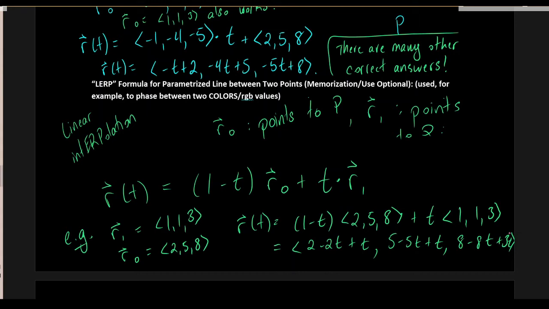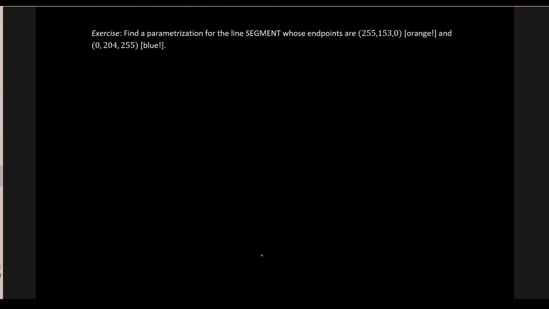And passing from one point to another is like changing from one color to another. Let's find a parameterization for not the line, but for the line segment whose endpoints are 255 red, 153 green, 0 blue, which is equivalent to a lovely shade of orange, and the point 0 red, 204 green, 255 blue, which is a nice shade of light blue.